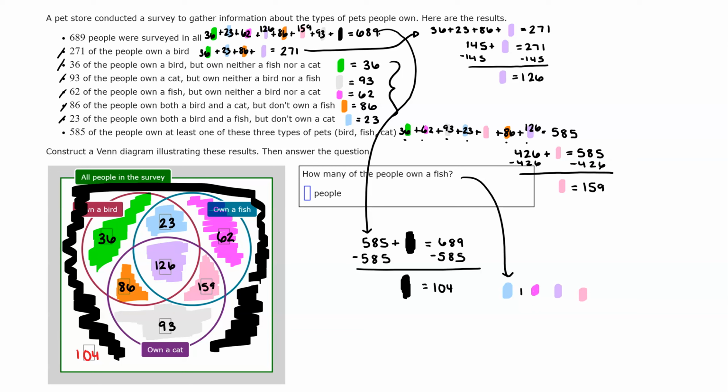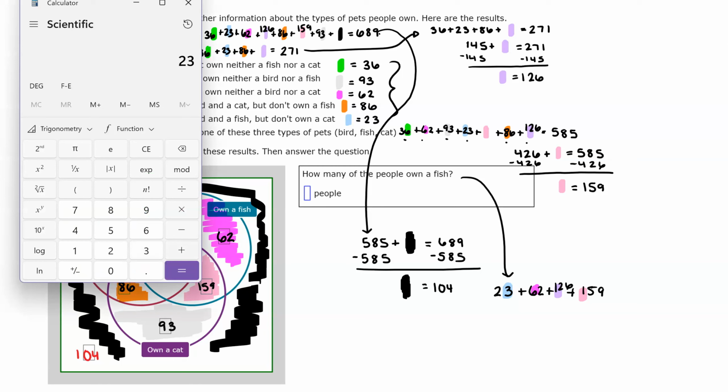So to find that, I'm going to add those numbers together. But remember, I have all those numbers. So 23 plus 62 plus 126 plus 159. So let's do that in the calculator. 23 plus 62 plus 126 plus 159 equals 370.